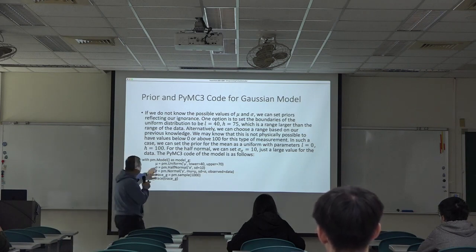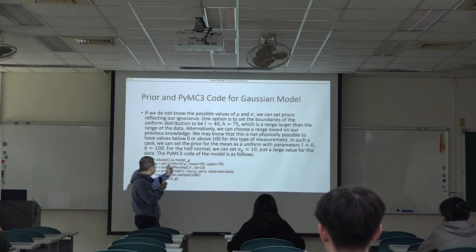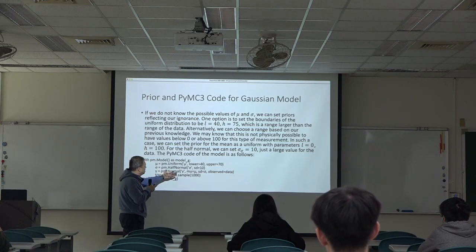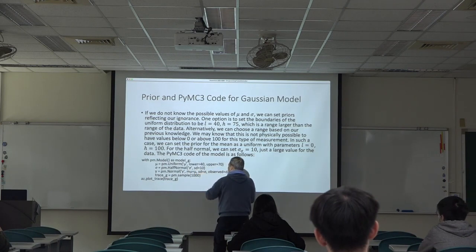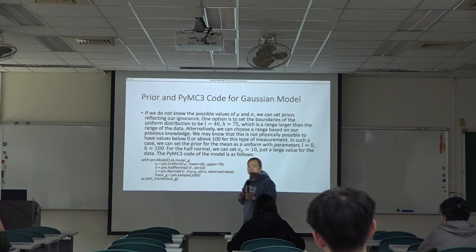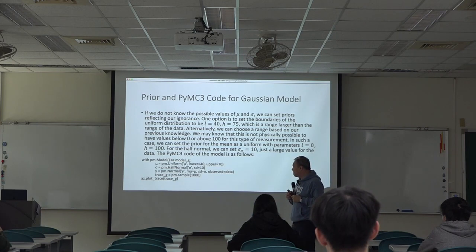So you can see we set lower equal to 40, upper equal to 70, using PM.Uniform, and we get this mu from here. The sigma is drawn from this half normal with standard deviation 10. Why do we use 10? It is based on the author's research background; it's already a pretty large value for the data.